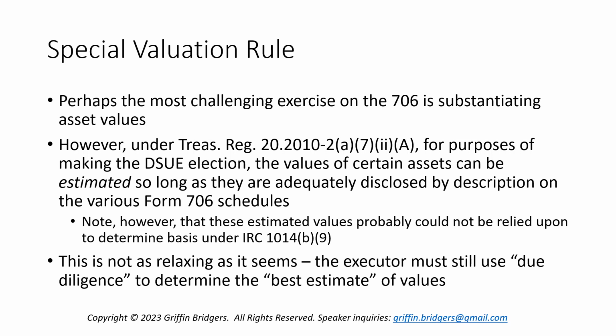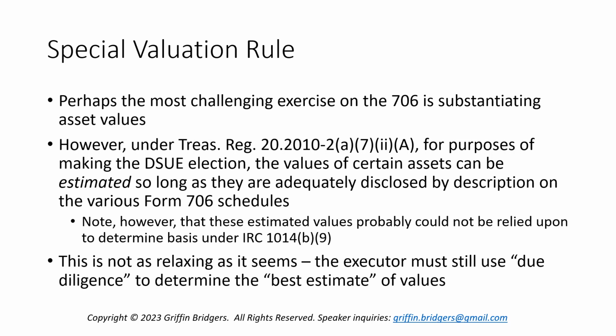Luckily, if you're only making a portability election and you're not otherwise required to file, there is a special rule under the Treasury regulations which allows the executor to elect to estimate the values of certain assets that generate the DSUE, so long as they're adequately disclosed by description on the various Form 706 schedules.